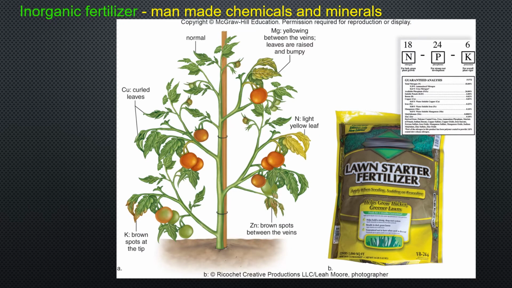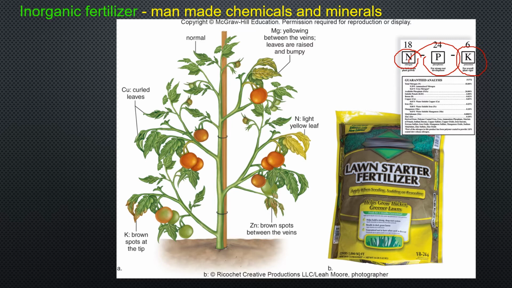So those particular macronutrients that I pointed out before were nitrogen, phosphorus, and potassium. And those three things are what we call the NPK ratio when you are applying fertilizer to a plant.